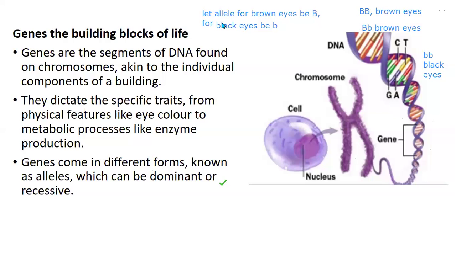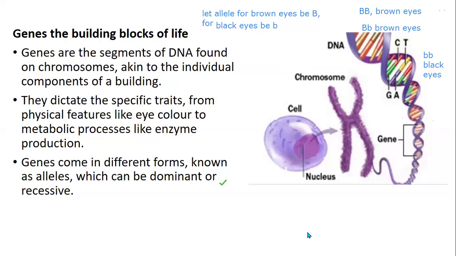Okay, let's hear from Divine. Divine, please unmute. Okay. I think a genotype is like someone's gene. Let's say someone is tall, how their gene is represented all together is a genotype.